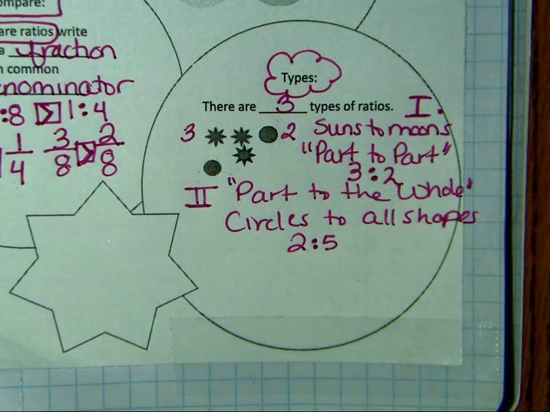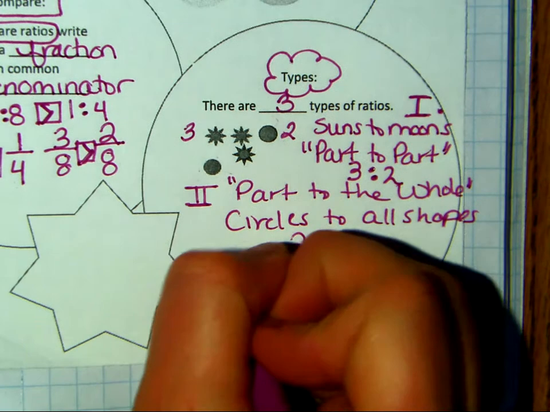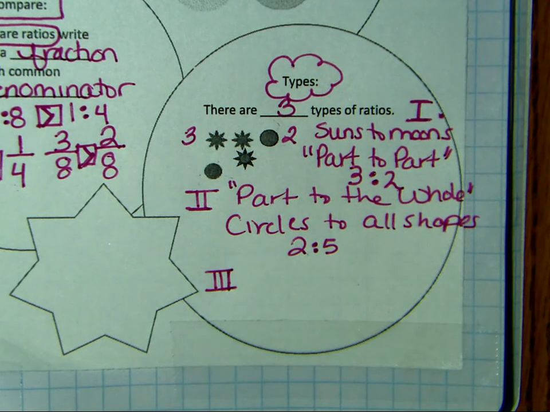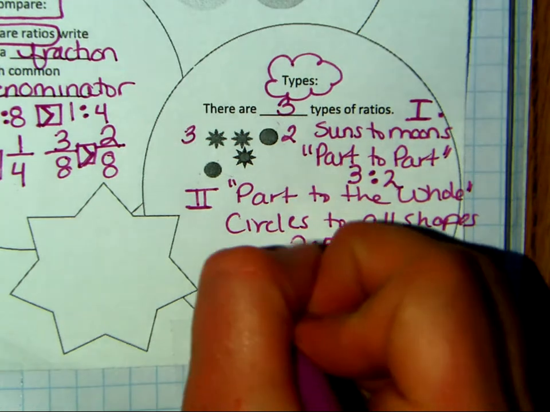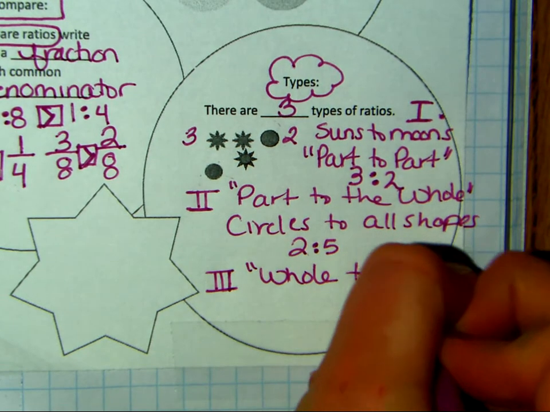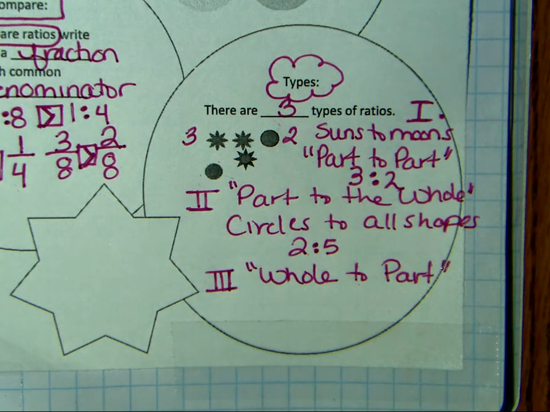And then the final one, third one, would be a whole to part. So we're going to flip what we did the last time.